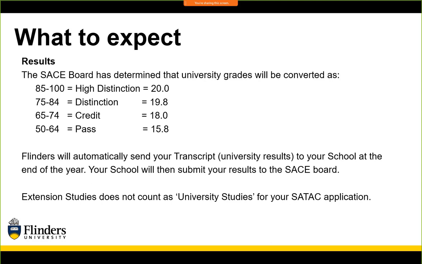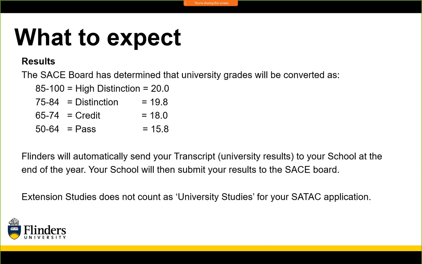I've got on the bottom there, Extension Studies does not count as university studies for your SATAC application. What does that mean? So with that, if you are applying for basically medicine with us, the Bachelor of Clinical Sciences, Doctor of Medicine, you cannot have any record of university studies previously to gain entry to that course. And a couple of the other universities have some different requirements around that as well.